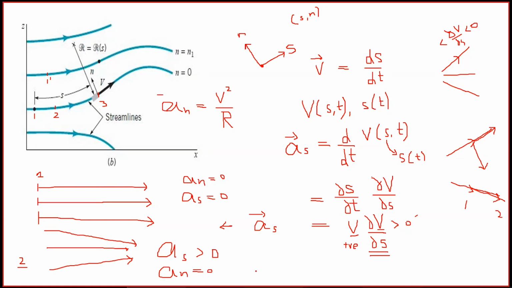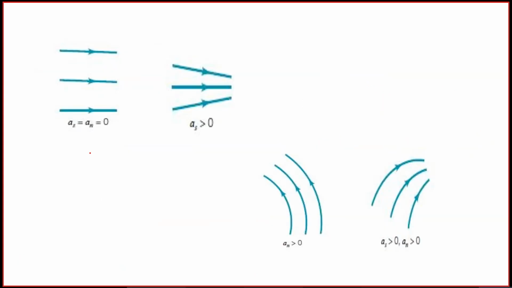So these are the two situations where AN equals 0, and here AS is greater than 0. When the path or the streamlines are curved, then AN is greater than 0. But in this situation, AS would be 0, right?